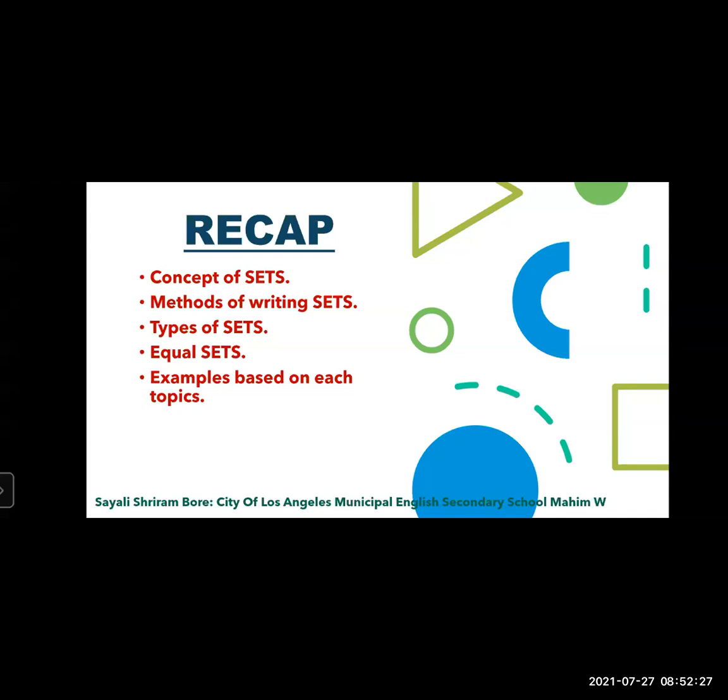Different examples also we have seen, and also we learned how to convert listing method to the rule method and from rule method to the listing method.